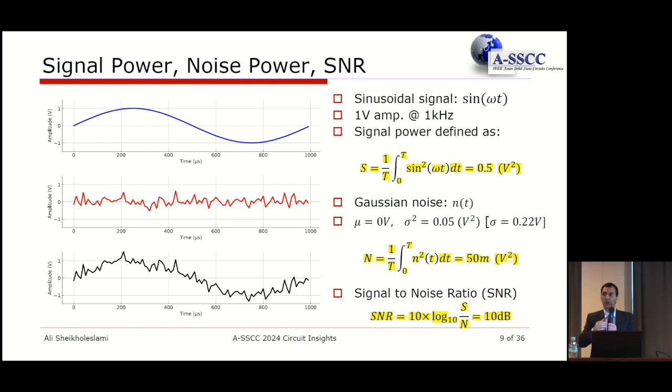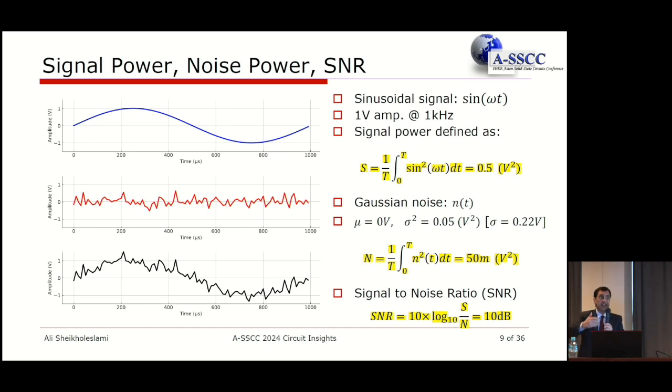In fact, the way to characterize noise is not to tell you the absolute noise power. A better way is to say how much it is with respect to the signal. Because if I have a very large signal, maybe I don't care as much about noise. But if I have a small signal, the noise becomes all the more important. So what really matters here is the ratio of the signal power to noise power, and that's what we call signal to noise ratio.